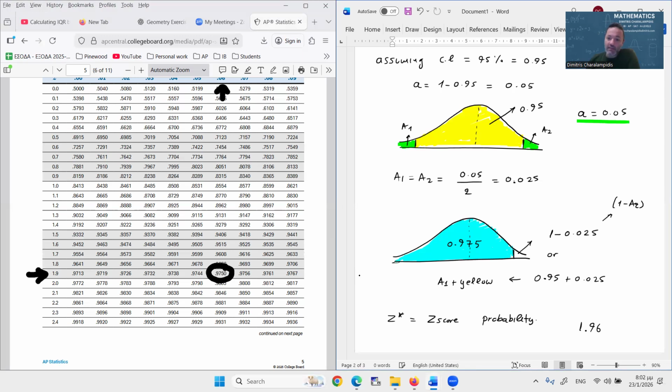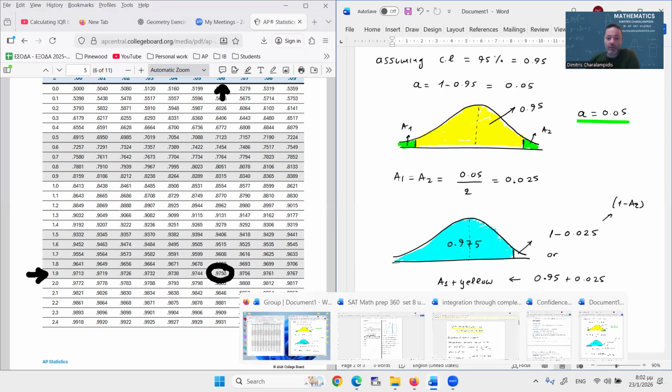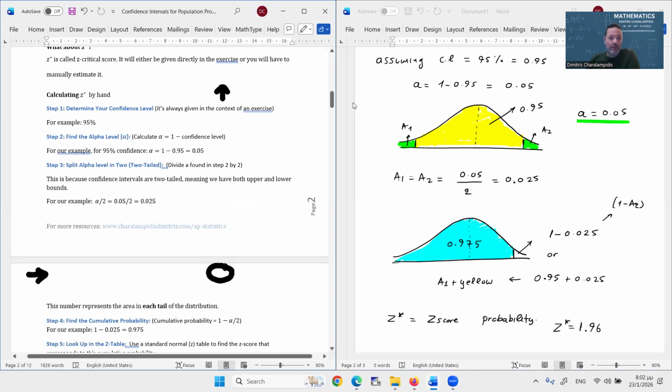And that is exactly the critical value whenever we had a confidence level of 0.95. Let's go back and continue with our theory.